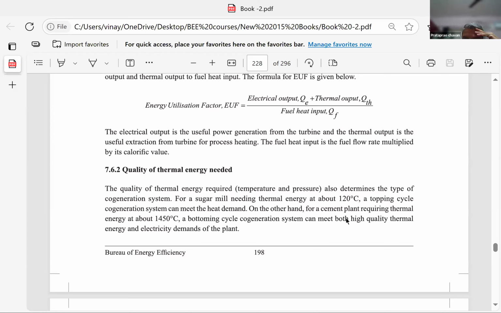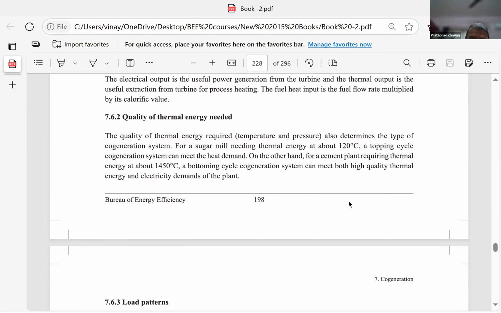On the other hand, for a cement plant where thermal energy of about 1450 degrees centigrade is required, the exhaust of that, the bottoming cycle, can generate power. So here the bottoming cycle is acceptable, and there the topping cycle, because whatever your need is, how it can be met, either with fresh steam or the exhausted steam.